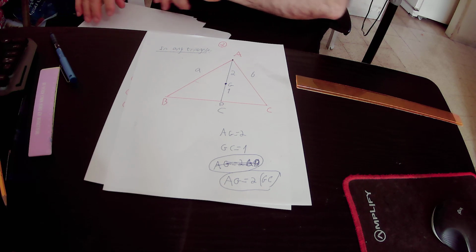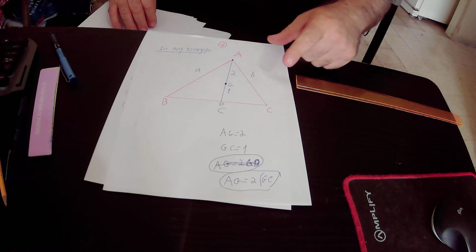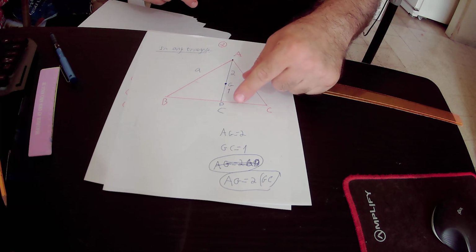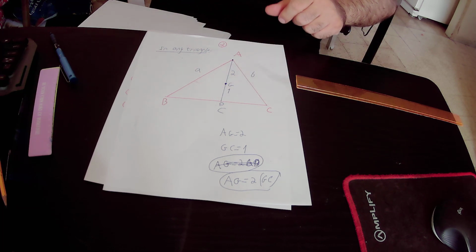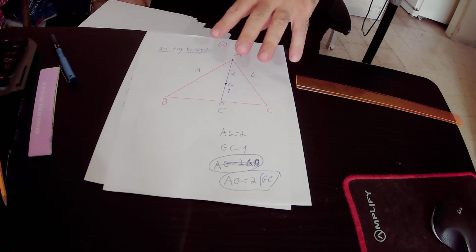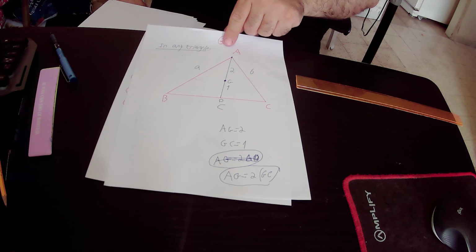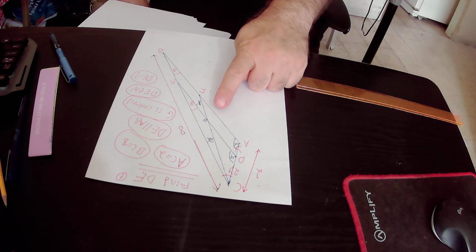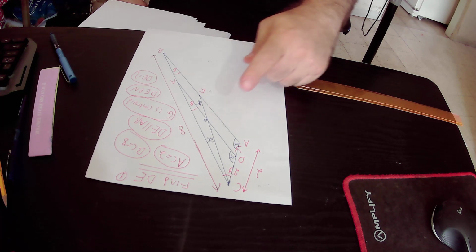So we can implement this rule in our drawing, because we know that in our drawing G is the centroid of triangle ABC.